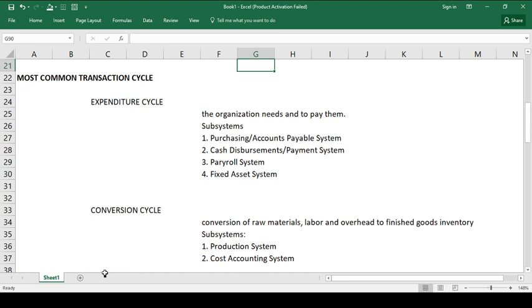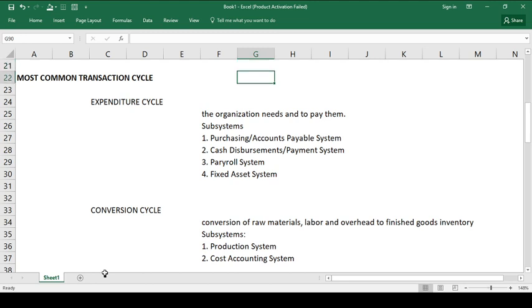For the payroll, before the payroll is released to the employees, what should the payroll officer do? On the fixed assets system, before the acquisition of these fixed assets and intangible assets, what will be done? What documents will be prepared? Those are the subsystems of the expenditure cycle, which will be discussed thoroughly on the next chapters of this subject.